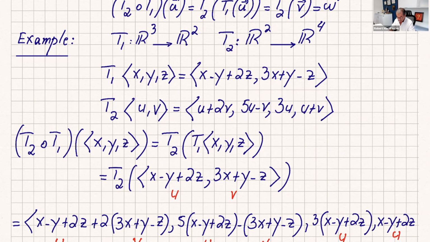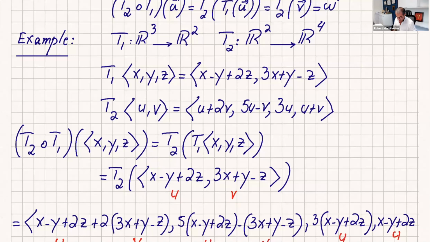We clearly see that. So now, if we want to write T2 rho T1 of x, y, z, that's T2 of T1 of x, y, z. So basically it's T2 of x minus y plus 2z, and that's going to be our u, and of 3x plus y minus z, which is going to be our v.